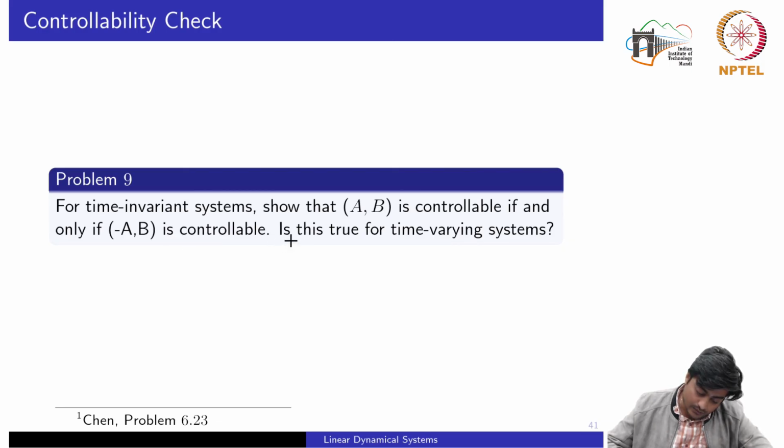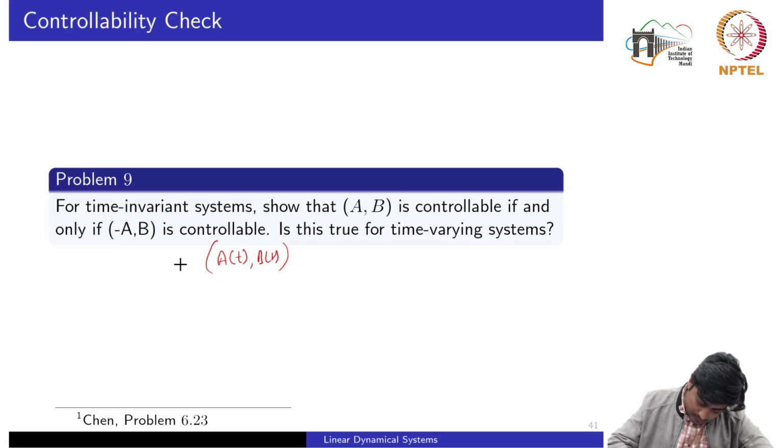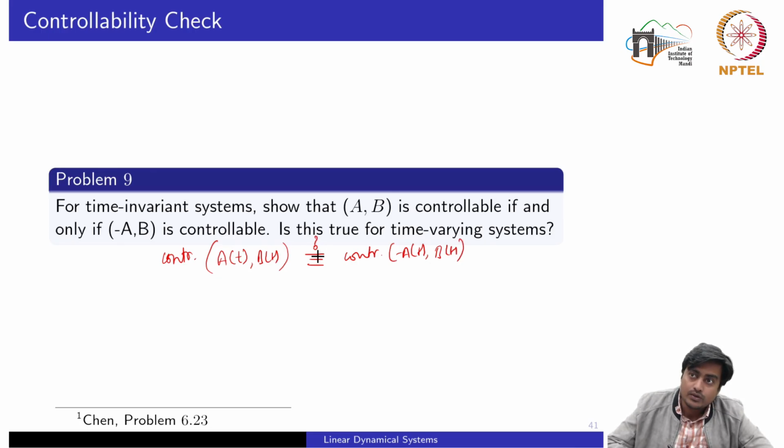Now we also need to show whether this is true for time varying systems, that is, whether the controllability of the pair A(t), B(t) is equivalent to the controllability of minus A(t), B(t). So we need to show it in the time invariant case, and we also need to show it for the time varying case.